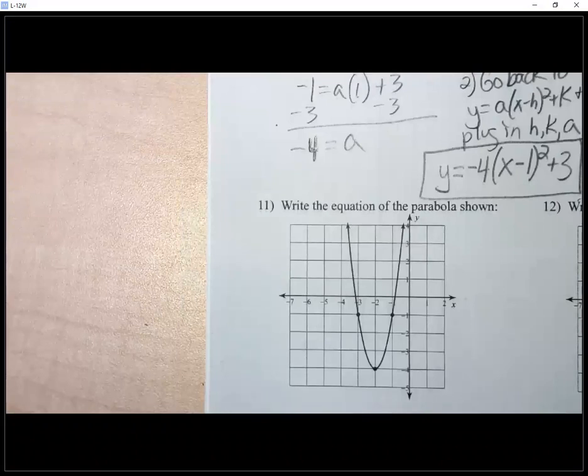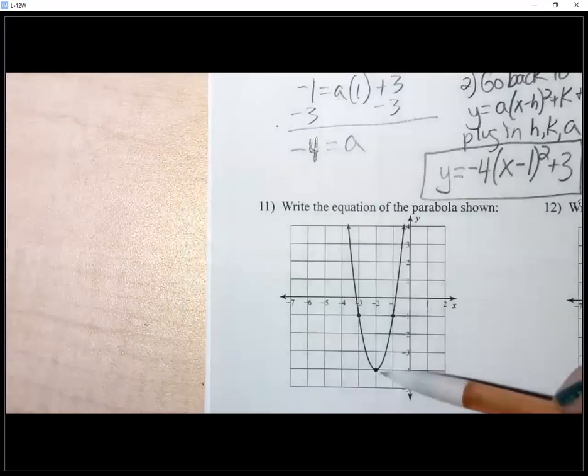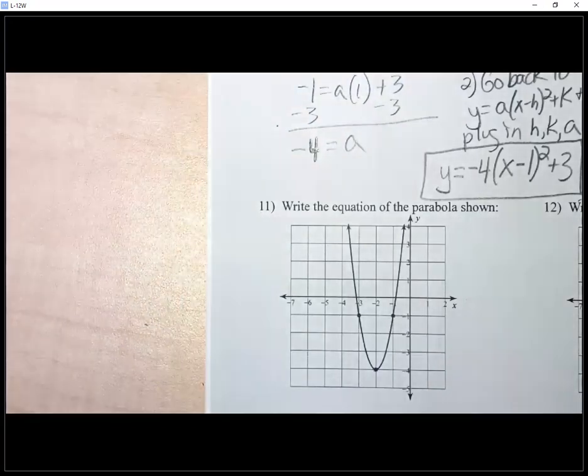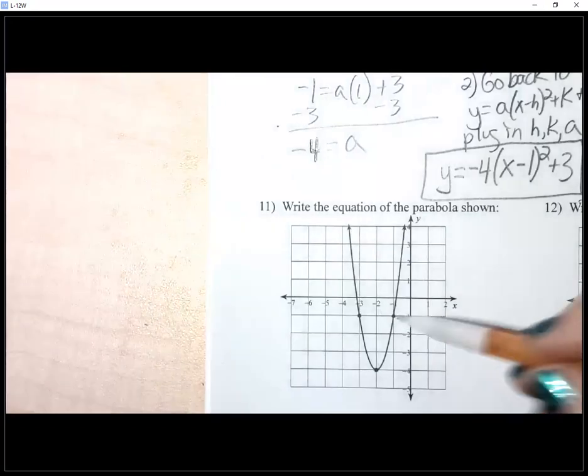How do you know? To get from your first dot to your next dot, you went up 3 over 1. That means A must have been 3, right? If I only went up 1 over 1, then A is positive 1. If I went up 2 over 1, then A would have been 2. But I went up 3 over 1, that means A is 3.